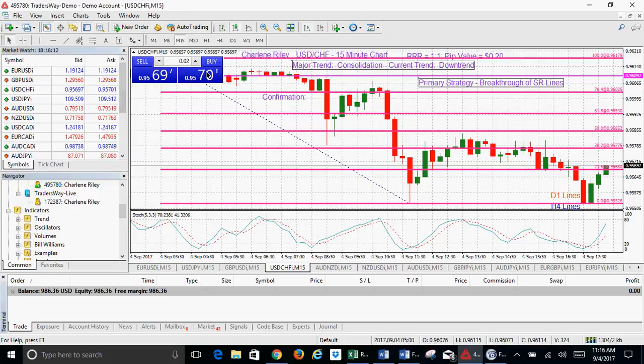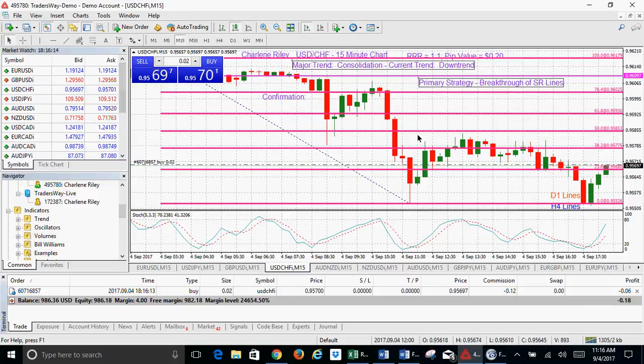We have the breakthrough, and so I'm entering into my buy, and I'm setting my stop loss just at the next line of support, and then I'm going to set my take profit about the same distance.